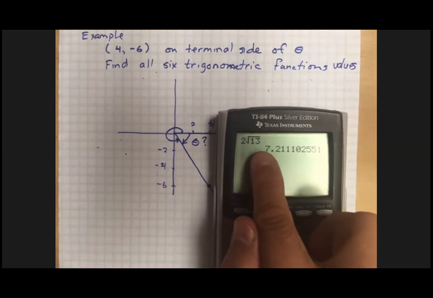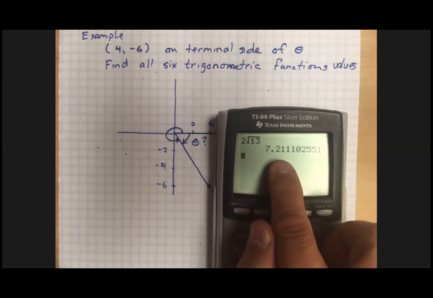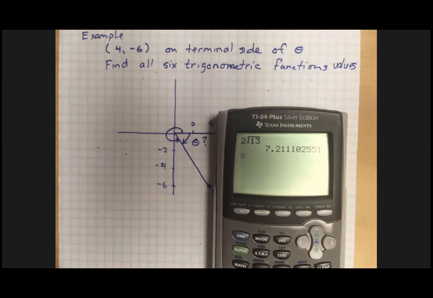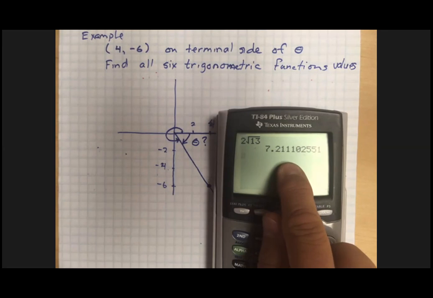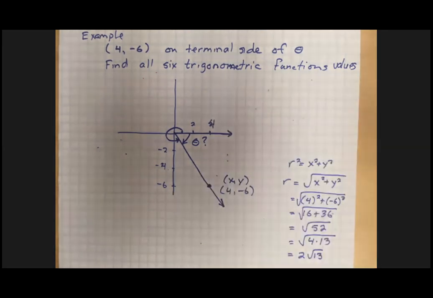I do not want you to approximate. I want the exact values if they say exact values. And I know that there's some issue in the homework system, whether it uses exact values or not. We'll deal with that. But always give the exact values if you can. And here I can. I know the exact value of r.